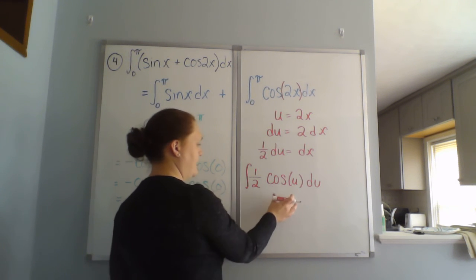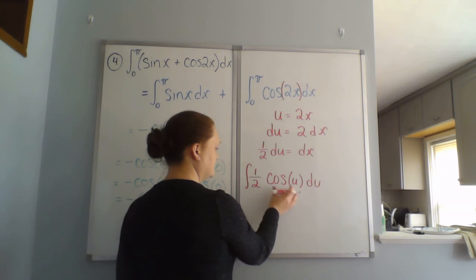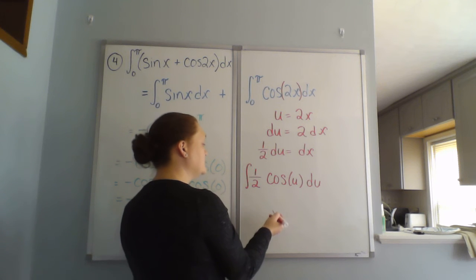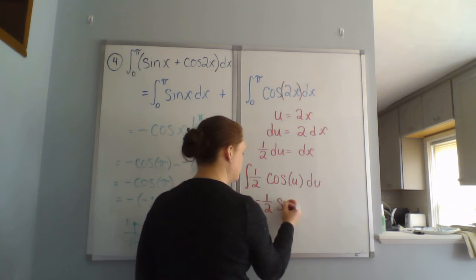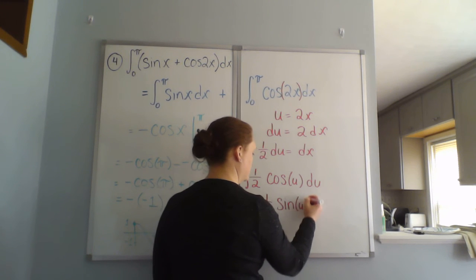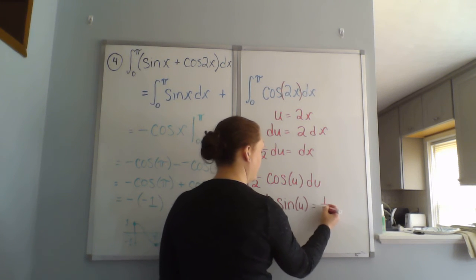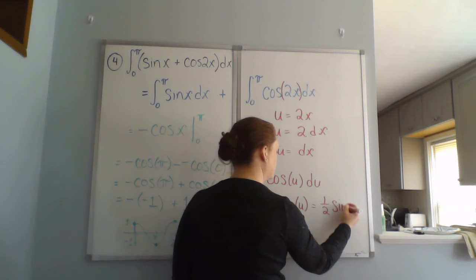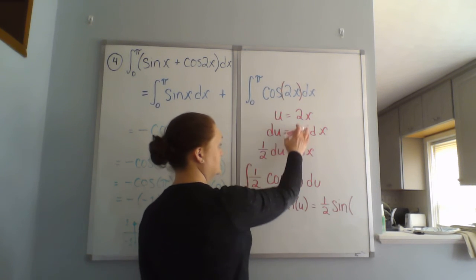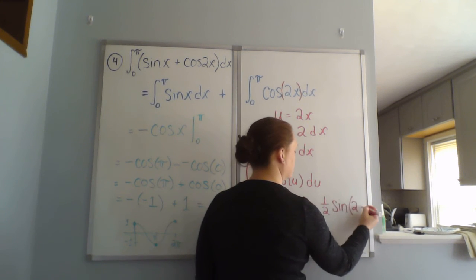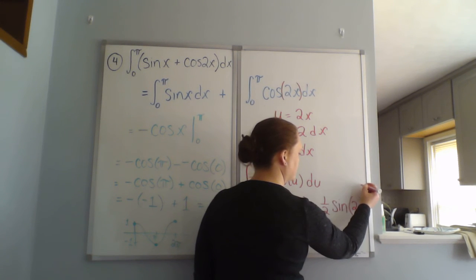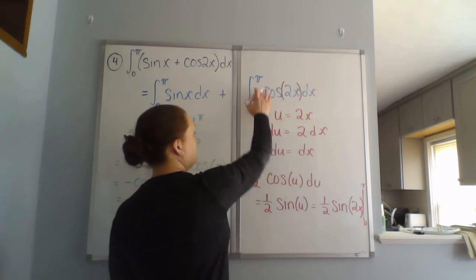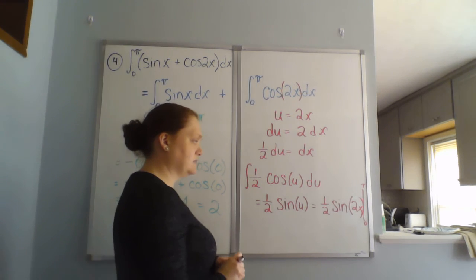So now I want to go ahead and find the antiderivative of this. So the antiderivative of cosine is positive sine. So this is 1/2 positive sine of u, or 1/2 positive sine of 2x. And now I would want to evaluate that from 0 to pi. Okay, my original bounds, 0 and pi. So I chose not to do new bounds here.